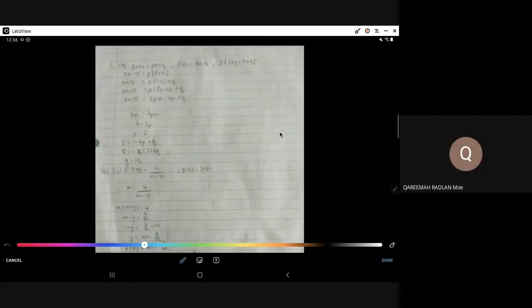When you get the GF, you'll get 3px minus 4p plus q, and you compare it with 6x plus 5. Then the 6x will be equal to 3px, so you know p is equal to 2. After that, the 5 is equal to negative 4p plus q. So for the p value, you just substitute the one you found just now to find the q value.